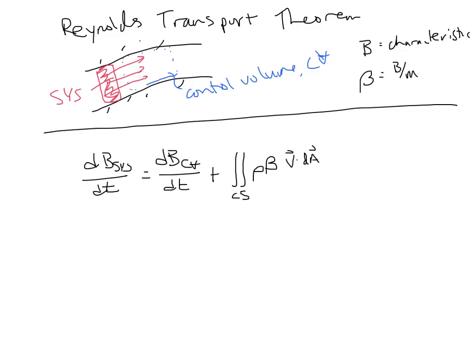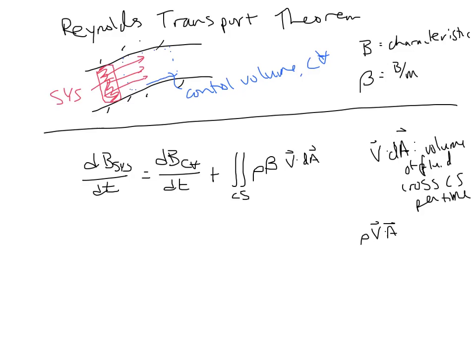Okay. Now, the way to think about this is V dot dA is the volume of fluid crossing the control surface per time. If you multiply that by rho, so that means that rho V dot dA, rho of course is mass per volume, and it's times volumes per time.